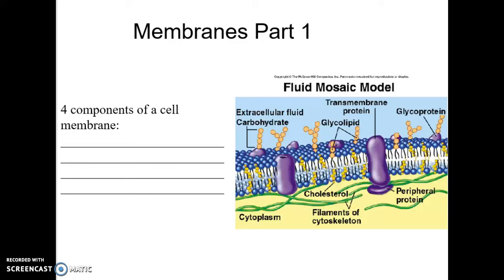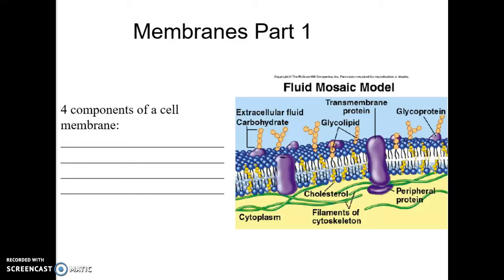And then the 4th key feature or component of all cell membranes include cell surface markers. Now these markers act as cellular identification. They allow the cell to attach to another cell. They also allow the body to recognize the cell as belonging there. So we'll talk about things like tissue rejection.